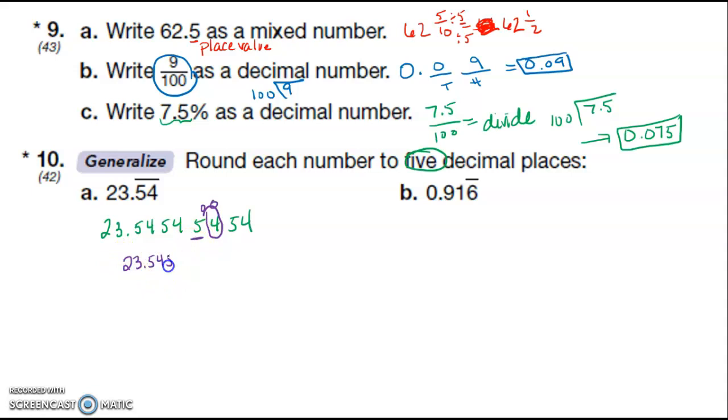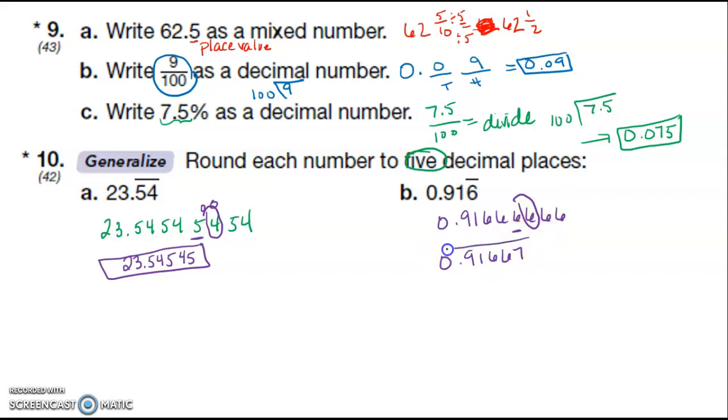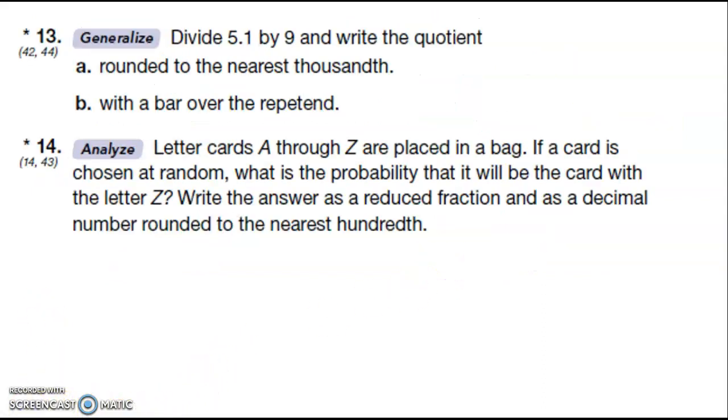Everything up to that just remains the same. And then here, 0.91, and then this goes on forever. So 1, 2, 3, 4, 5. And I'm looking at this one. This is greater than 5, so that means I'm going to bump that up to 7. Please ask questions if you don't understand how that works.